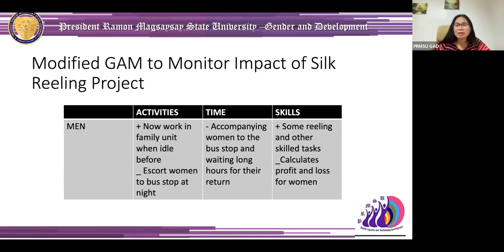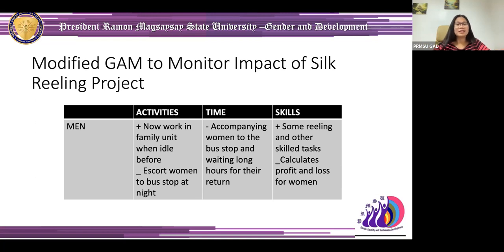Ano pa po? Yung isa naman, pwede tayo magpa-gender sensitivity training doon sa mga lalaking, sa mga asawa nila na it's okay kung nasa household sila, sila naman yung gumawa muna ng mga domestic works, di ba? It's a shared responsibility. And dapat yun nga sabi, yung iba nagiging resentful na gano'n na yung mga asawa nila parang hindi sila kampante na gano'n yung sitwasyon.